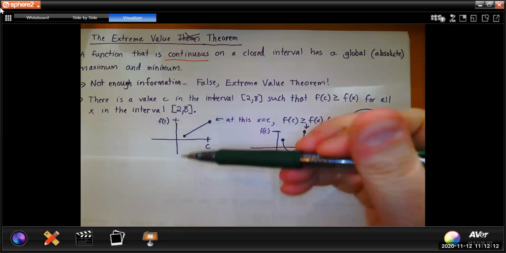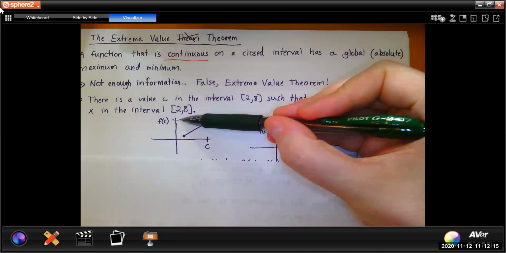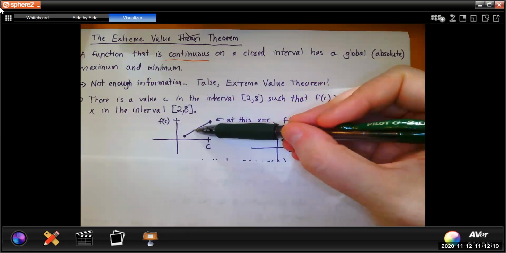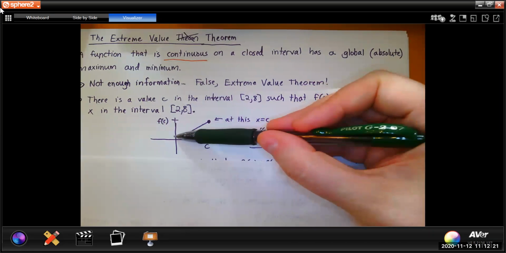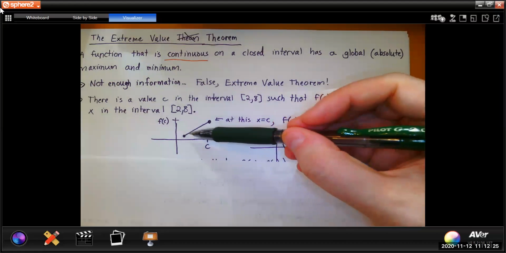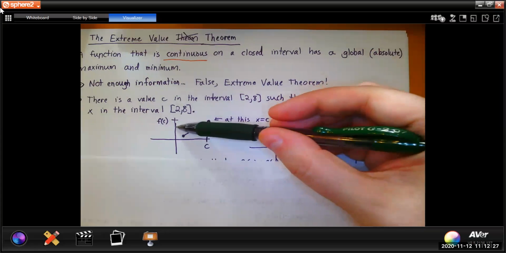Check out how f of c is larger than every other y value for every other point on the closed interval, right? f of c is bigger than all of these.